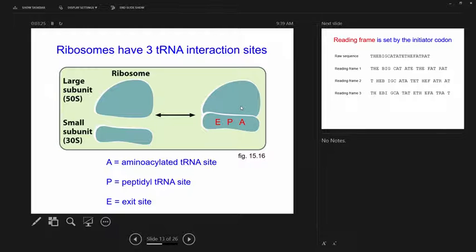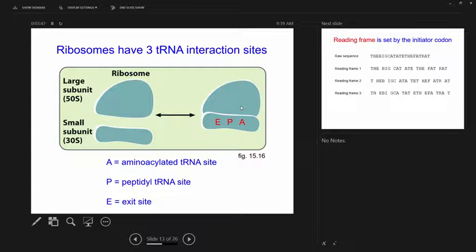The A site, the P site, and the E site are not just in the small subunit. They are formed together, so there's an A site, like a pocket, that is composed of both subunits here. The P is both subunits there, and the E is both subunits there.